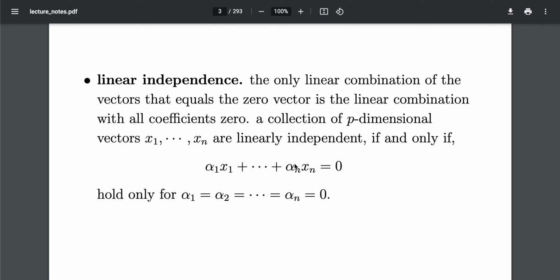Just when you read this, you will realize that what is p here is n for us. It doesn't matter. What matters is that if you have a collection of vectors, they are linearly independent.